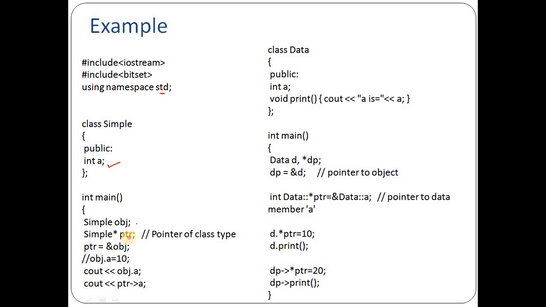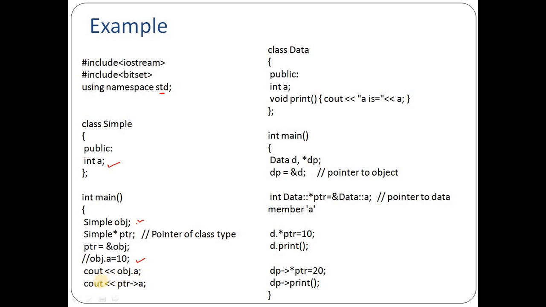Then we are declaring a pointer which is pointing to an object of the Sample class, so it is a pointer of class type, and we are assigning the same object which is created here to this pointer variable ptr. Now if I want to access or assign a value to a, because a is public, I can access public members outside the class. So if I write obj.a = 10, that would be right.